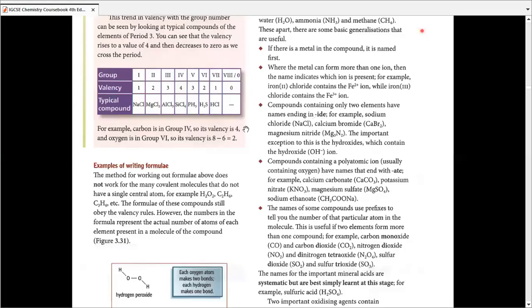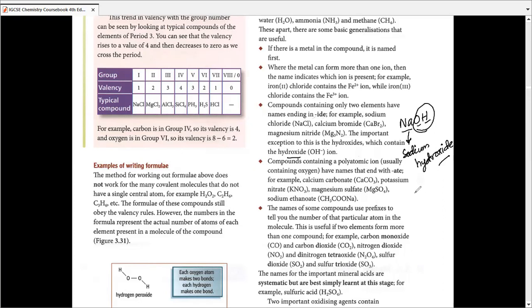So I was saying that if we talk about the hydroxide ion and if we make a compound out of it, let's say with sodium, it would be something like this. Now, in this case, let's write the name of the metal first, that is sodium. And if we don't use the word hydroxide and instead wind it up with oxygen hydride, that would be wrong. The name has to be sodium hydroxide, which means that the name of polyatomic ions, the entire negative ions, no matter whether they are made up of 2 atoms, 3 atoms, or even more, has to be the given name, as we discussed like 3 to 4 pages back.